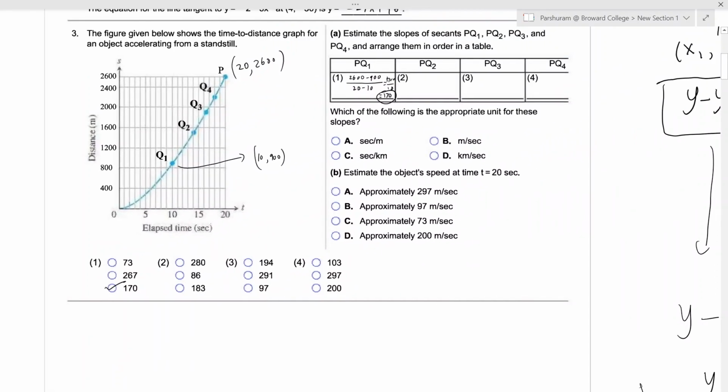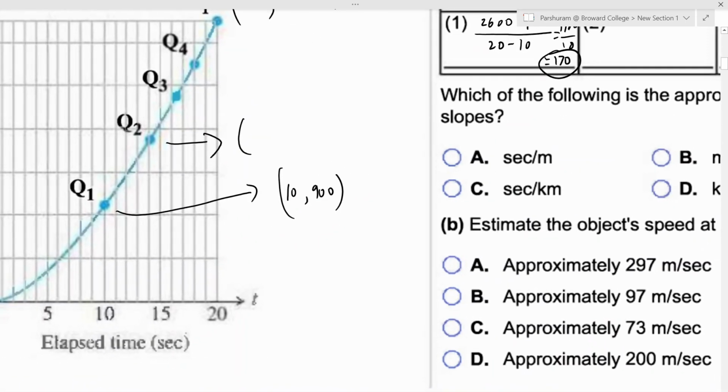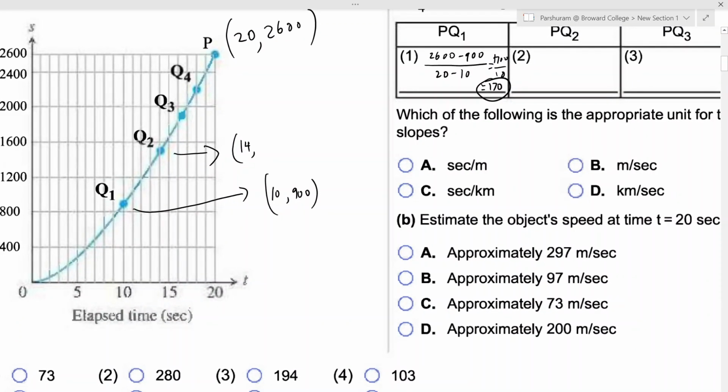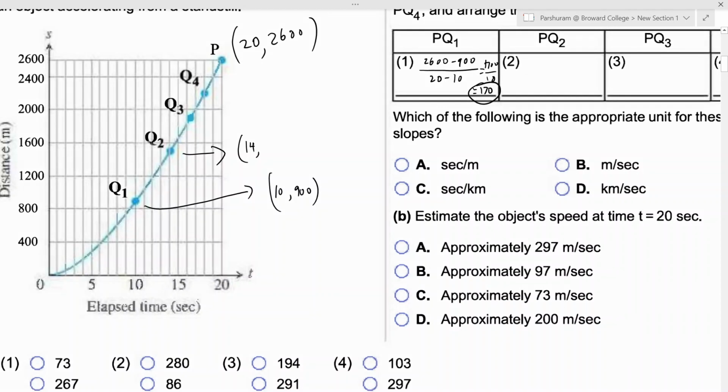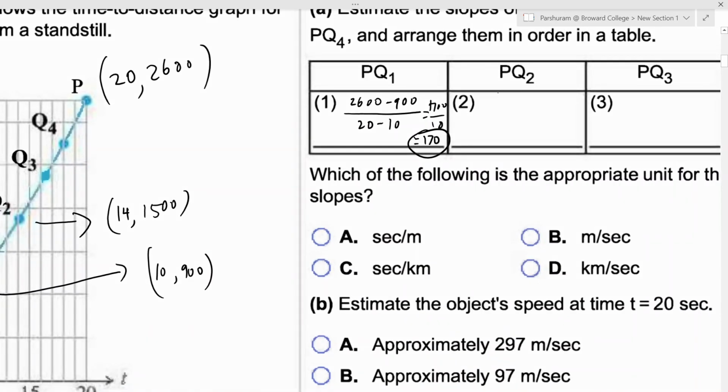By doing the very same thing, we can find the slope of PQ2, and you just have to find the coordinate for Q2, which looks like 14 for the x coordinate, and the y coordinate is very close to 1500 maybe. So the slope for PQ2 is 2600 minus 1500 divided by 20 minus 14.